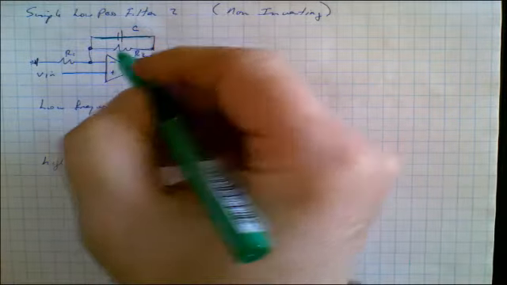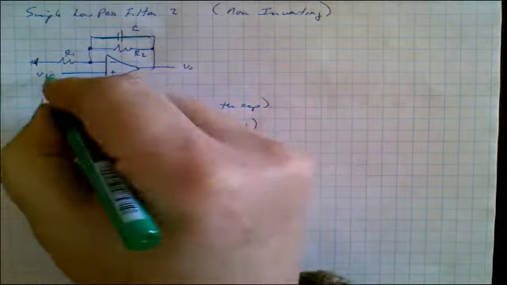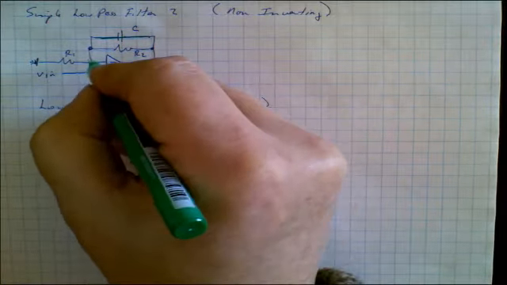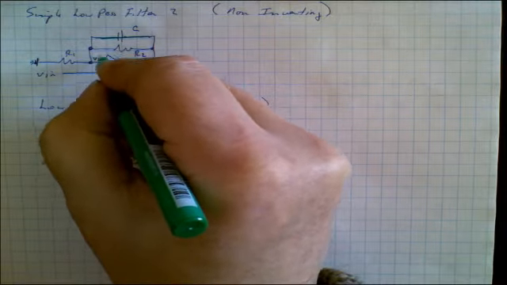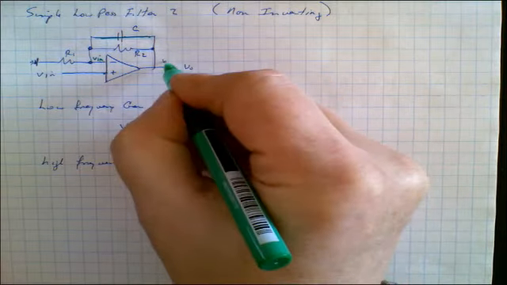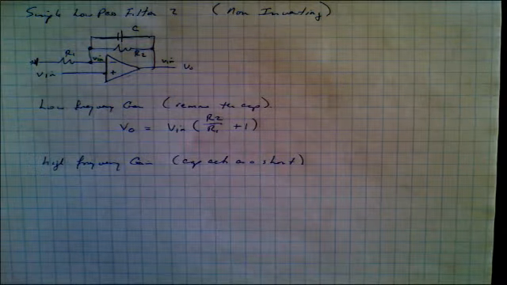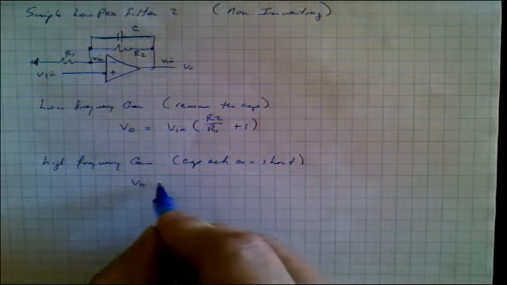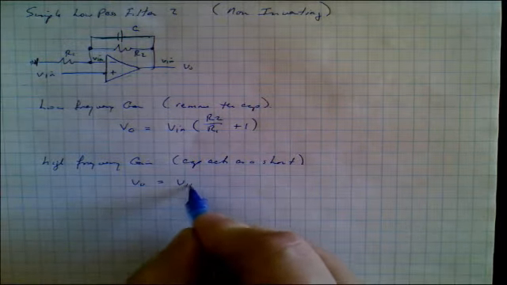If that's the case, you'll notice that if the amplifier is working properly, this being Vn, well then this also must be Vn. And since the capacitor is a short, then this also is Vn. And that tells us that at high frequencies, VO is equal to Vn.